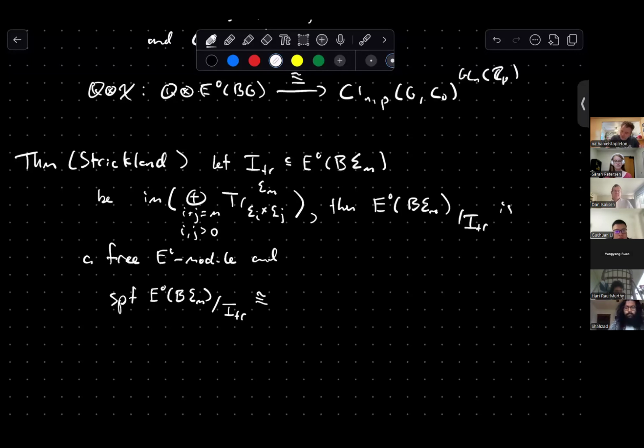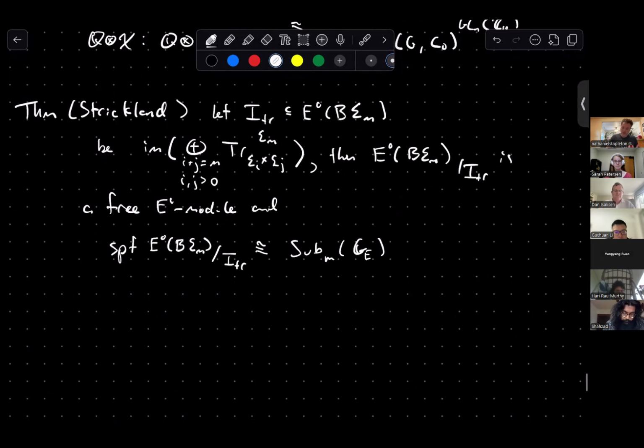It's canonically isomorphic to the functor that classifies subgroup schemes of order m in the formal group associated to E. And this theorem lets you get a hold of power operations because the composite E_0 to E_0 of BΣ_m to then the quotient is a ring map.